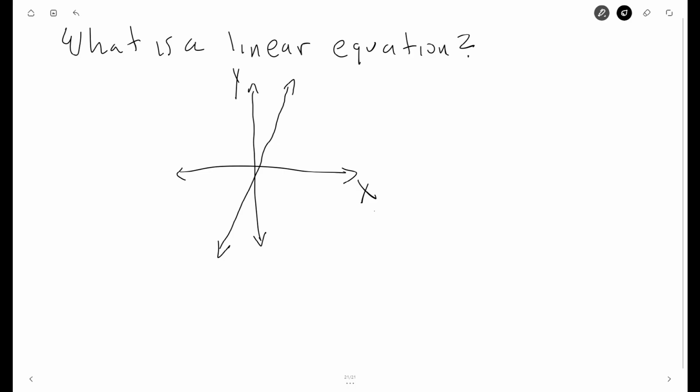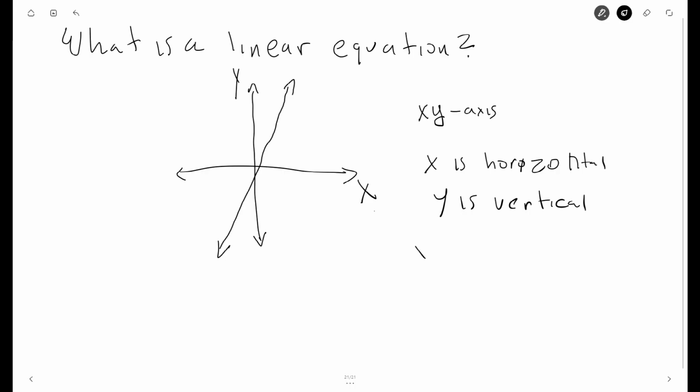So this type of graph is called an xy axis. That means that x is horizontal, y is vertical, and x and y are variables.